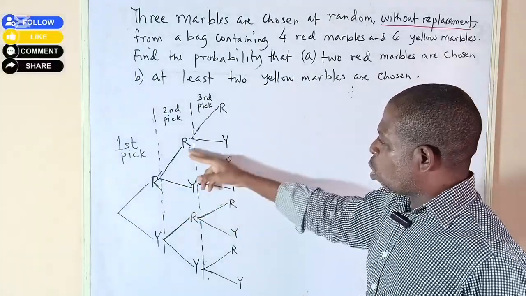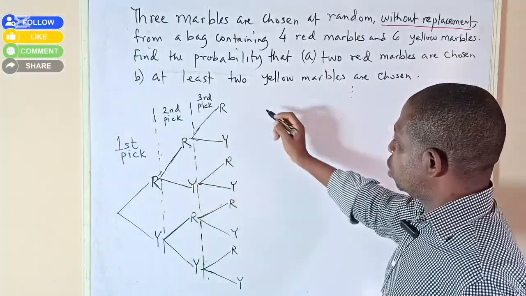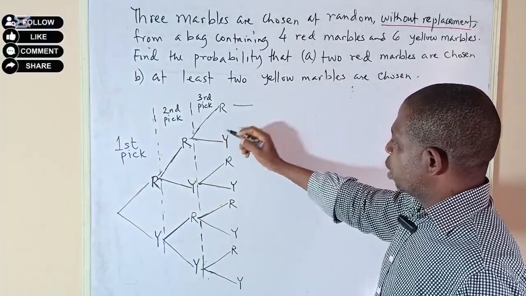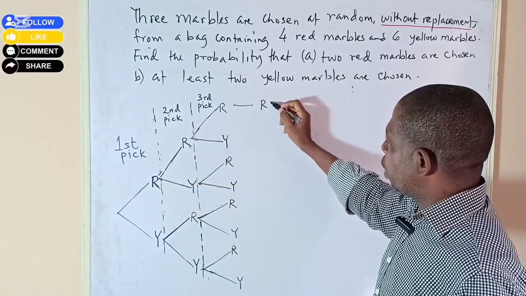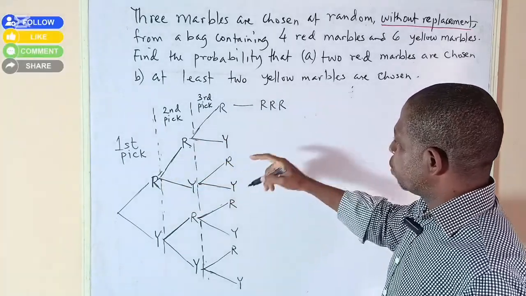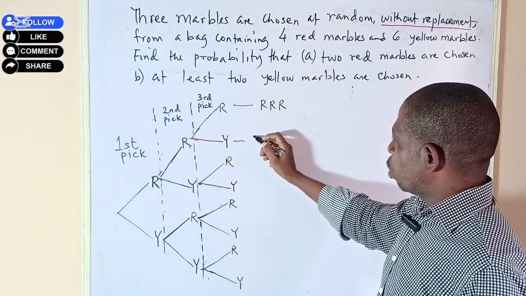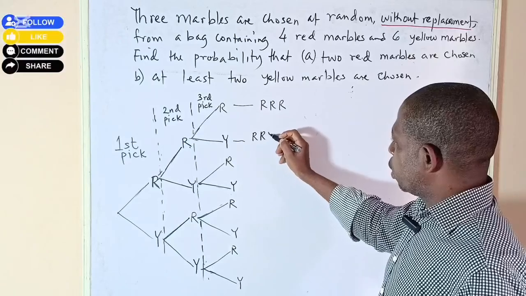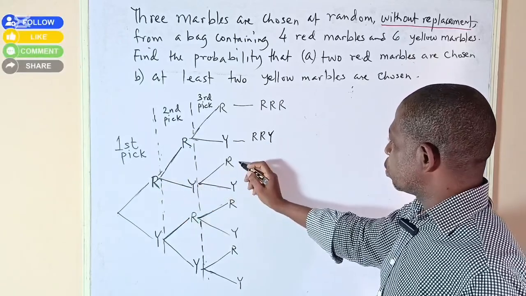Now, the outcomes, or what I may like to call the fruit of the tree, will be, just following the branches, red, red, red. Here, red, red, yellow. Here we have red, yellow, red.